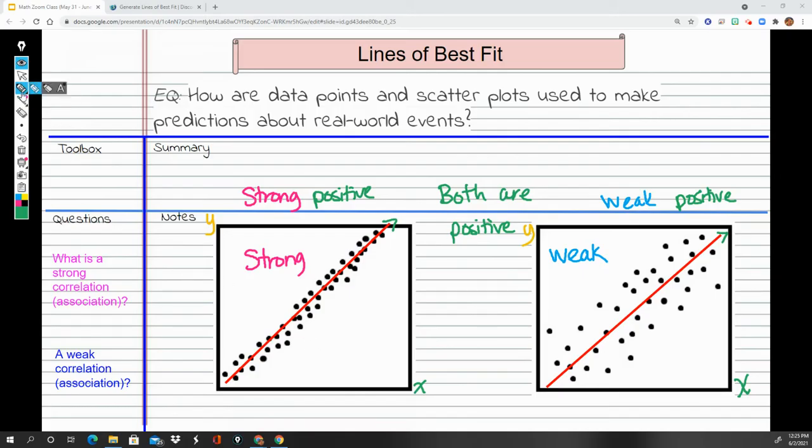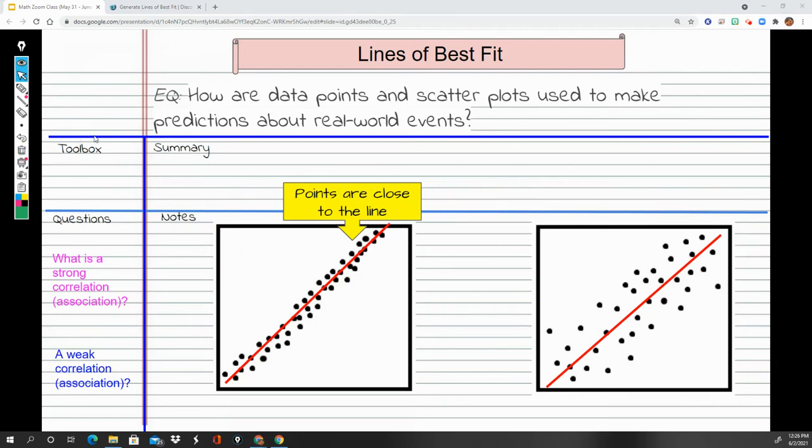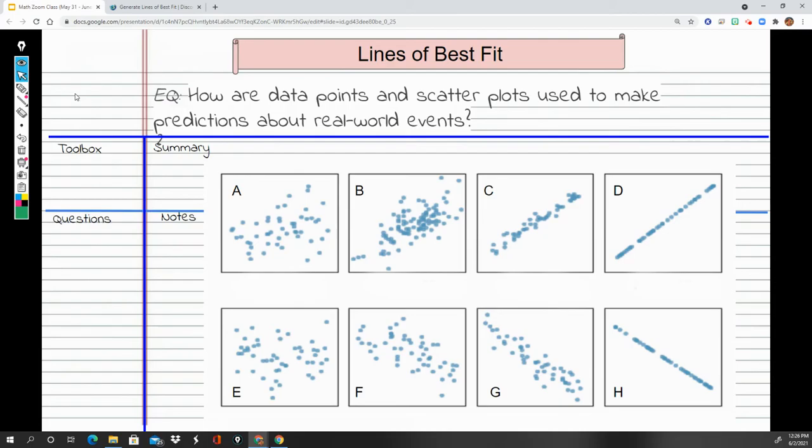Something you might notice here is that the points are close to the line in a strong association, but they're farther away from the line in a weak association. Again, these both happen to be positive, but you can have this with negative. So let's take a look at this.